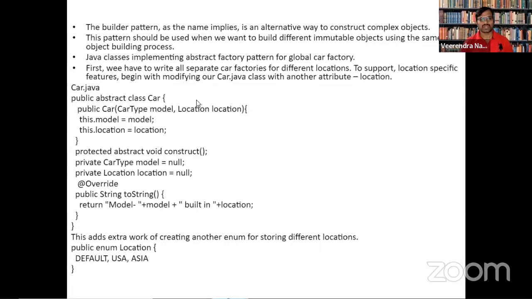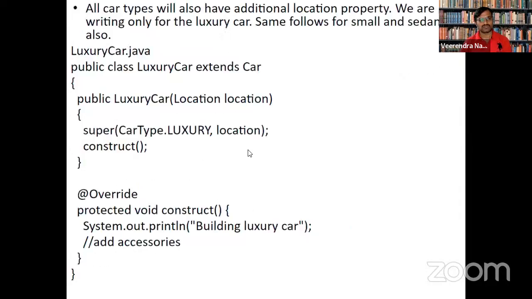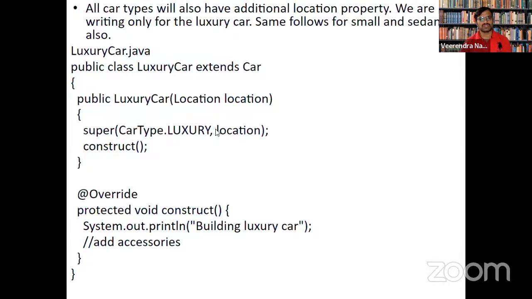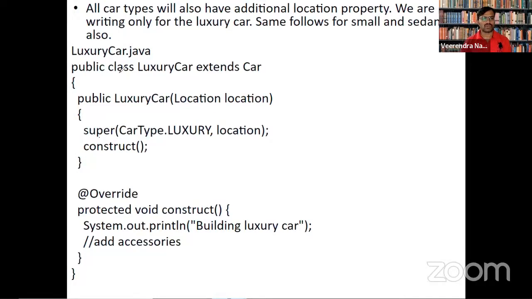Now, we are going to have the luxury car, same thing. If you observe here, luxury car is extending the car, so you are going to have the same super call over it.